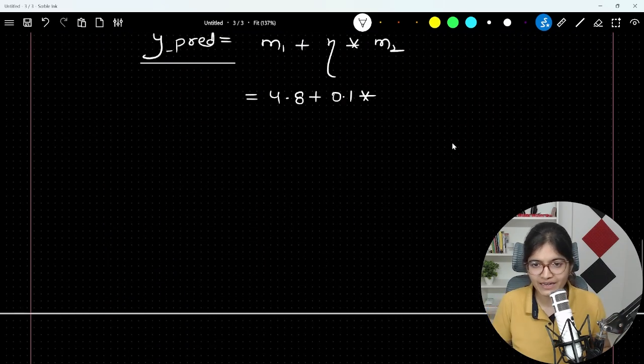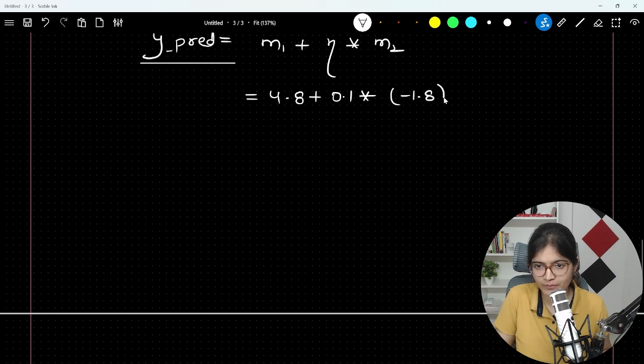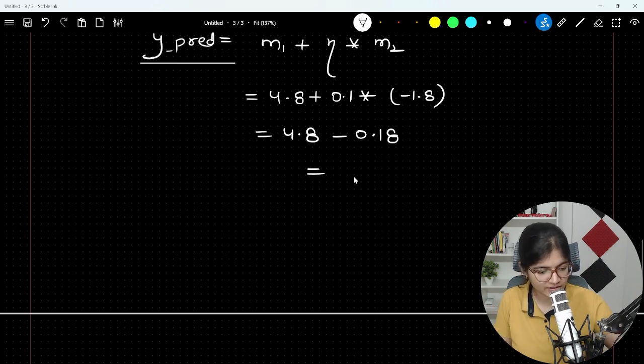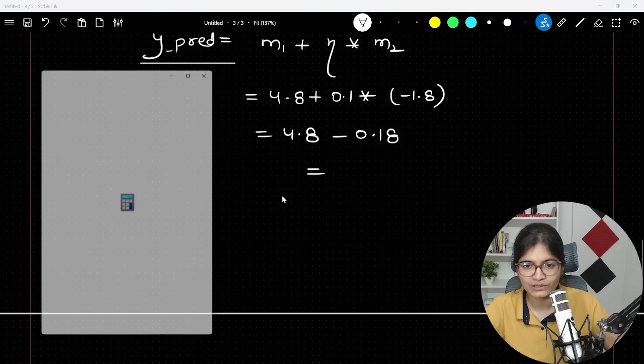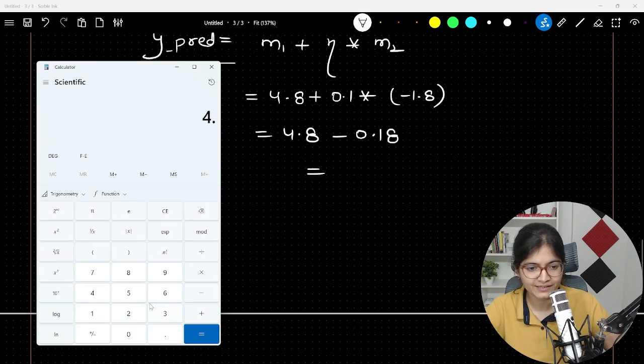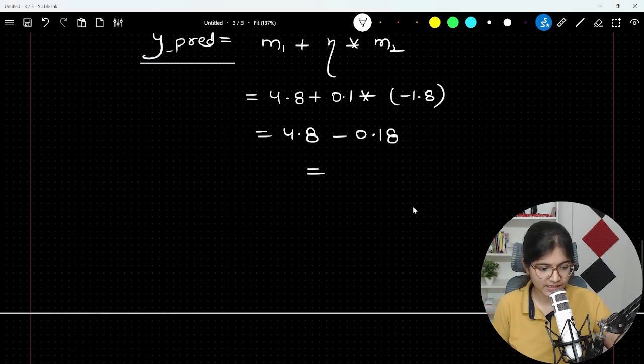So after combining both of these predictions, we get 4.8 minus 0.18. Let me open my calculator. 4.8 minus 0.18 is 4.62, if I'm not wrong. Yes, it should be 4.62.